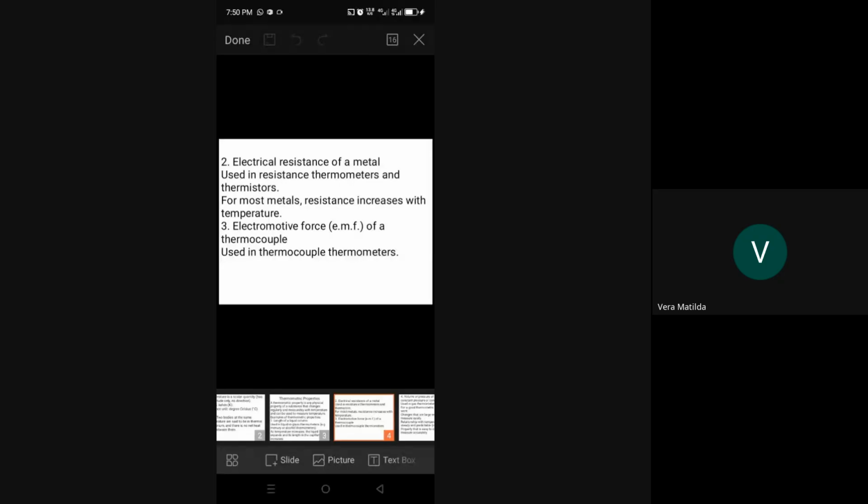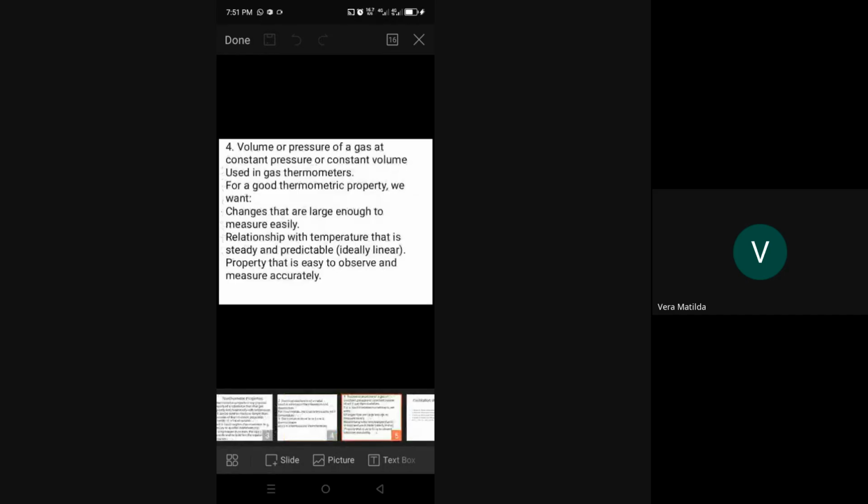Okay, then another thermometric property is electromotive force, EMF. Normally it is used in thermocouple thermometers. I just told you to note the thermometric property and the kind of thermometer it is used in. All right, then another thermometric property is volume or pressure of a gas at constant pressure or constant volume.